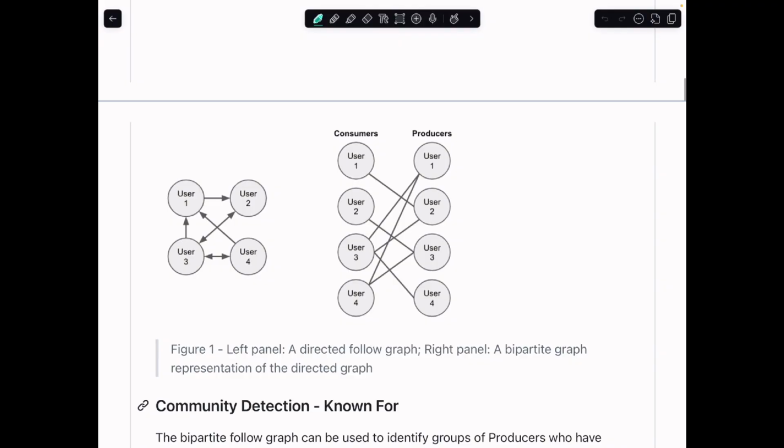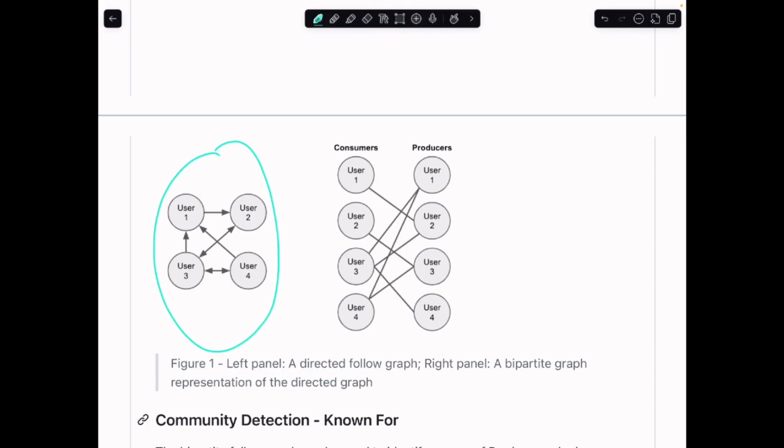Now let's focus on step one. Step one takes the user-to-user graph and models it as a bipartite graph, where the left-hand side are consumers and the right-hand side are producers. Why are they doing this? There are two reasons. First of all, on a social media platform there are always more consumers than producers, and the gap is large.